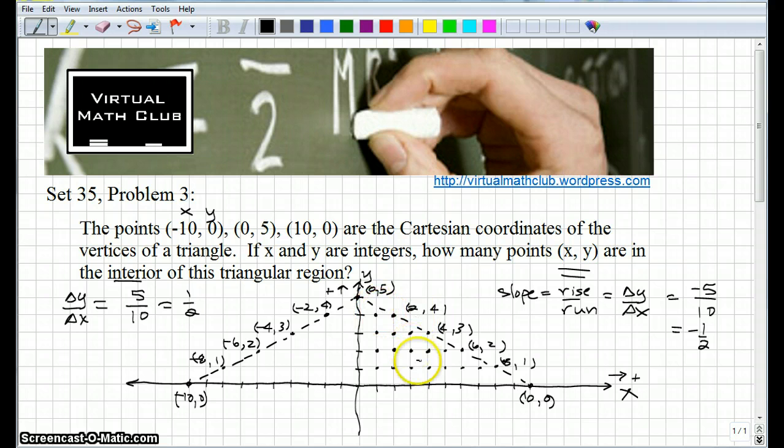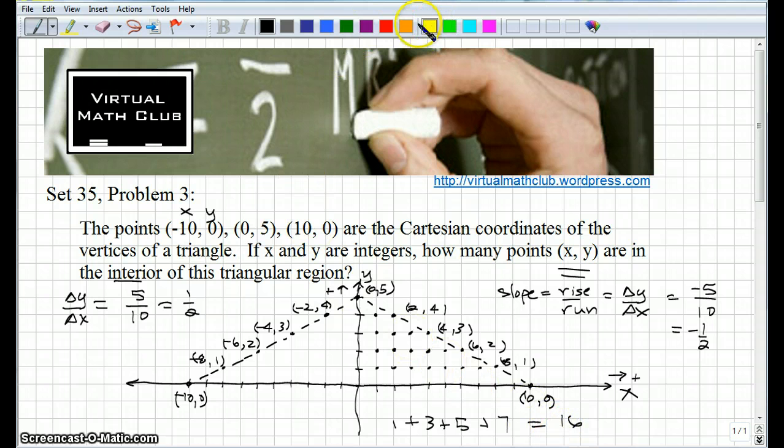We have 1 in this row, then 3, 5, and 7. If you add those up, 3 and 7 is 10, plus 1 and 5 is 6, so you have 16 points.